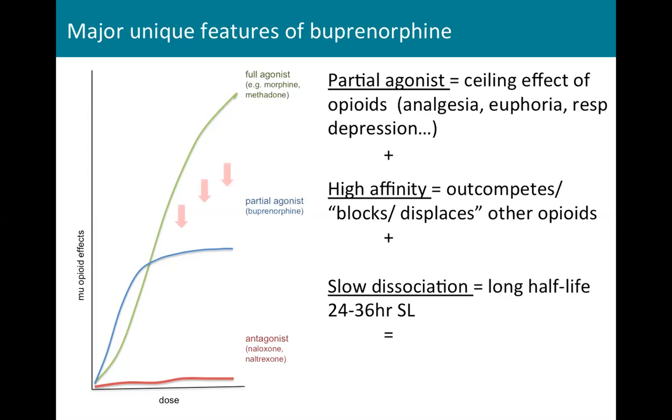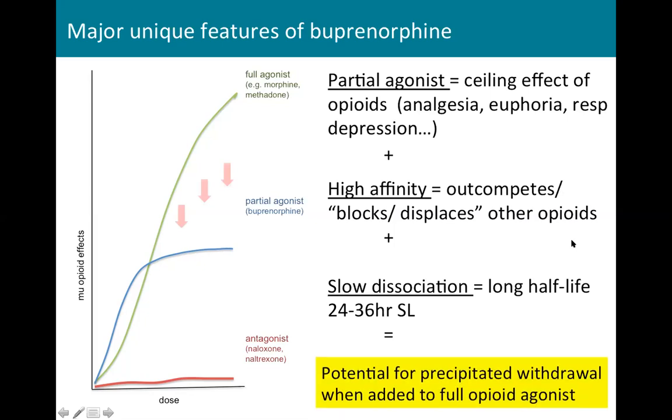Once it does bind to the receptor, it also has a very slow dissociation. So it has a long half-life, around 24 to 36 hours. And this is what allows for stability in treatment of opioid use disorder. This is what allows it to act as a long-acting opioid medication, and to even allow for bup dosing every 72 hours in some cases if needed.